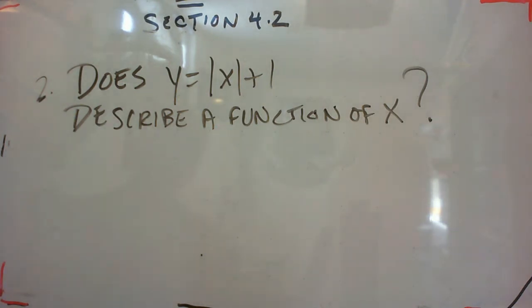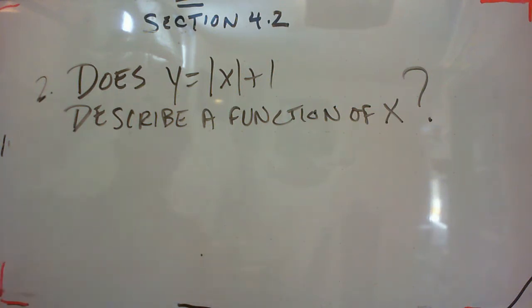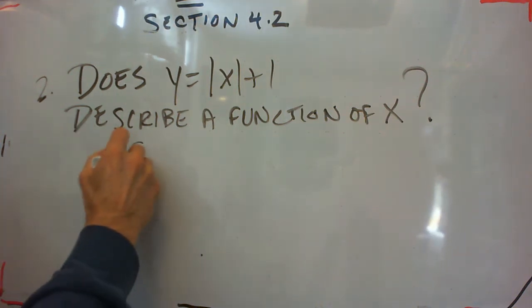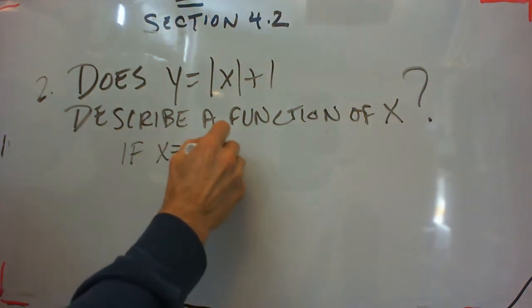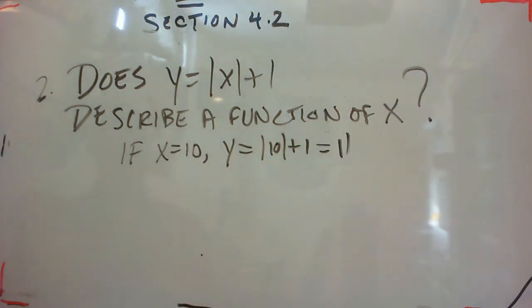Okay, the second question in the homework for 4.2 says y equals absolute value of x plus 1. Describe a function of x. Okay, if we plug in an x value, do we just get one answer for y? Like if x is 10, y is absolute value of 10 plus 1, which is 11. One answer.